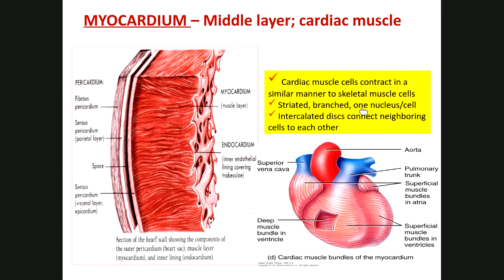There's only one nucleus per cell, and what makes myocardium different is that it has intercalated discs that connect one cell to the other, which has the gap junctions allowing the electrical impulse to pass from cell to cell quicker. If we look at the myocardial layering around the heart, you can see how it's not just one uniform layer, but it's bundles around each chamber that makes it very efficient for pumping.